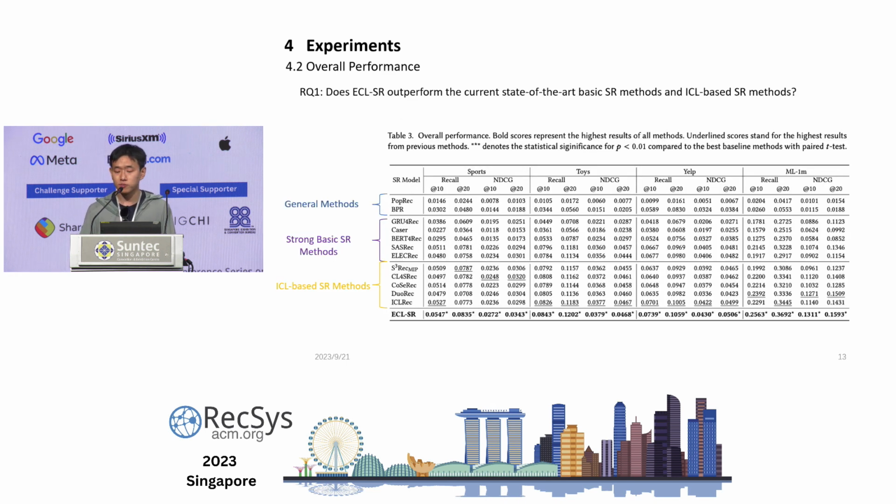For the overall performance, we can clearly see that our framework consistently outperforms both state-of-the-art basic sequential recommendation models and contrastive learning-based sequential recommendation models on all datasets in all evaluation metrics. This consistent improvement demonstrates that our proposed solution effectively helps make next item prediction on both sparse and dense datasets.